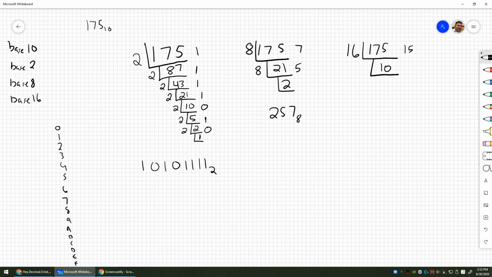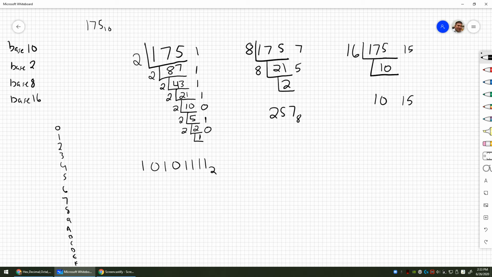Okay, now can we put 16 into 10? We cannot. So we're done. Notice how this got a lot easier. The bigger that base got, the easier it got to convert. But yes, we have to remember that we do not have a 10 or a 15 in hex.